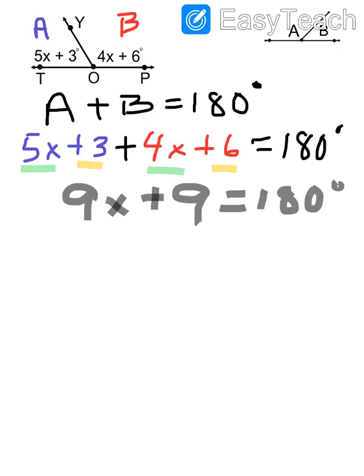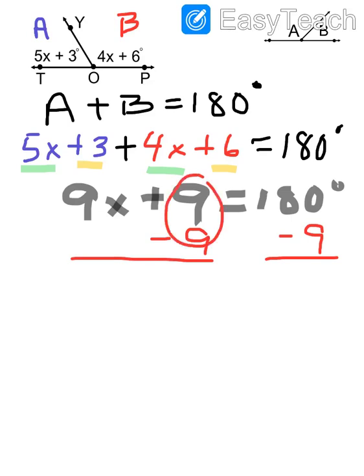So now we have something that we definitely can handle, which is just using inverse operations. The first thing you want to do is subtract 9, take away 9 from both sides of the equation so that the two sides stay equal to each other. 9 minus 9 is 0, and you're left with 9x plus 0, which is 9x, and this equals 180 minus 9, which is 171.